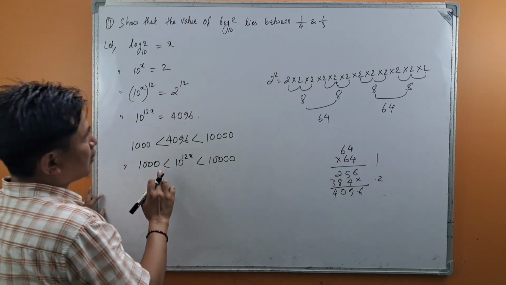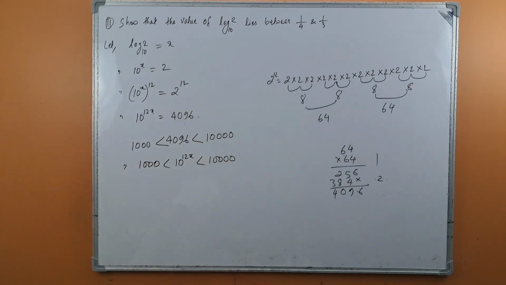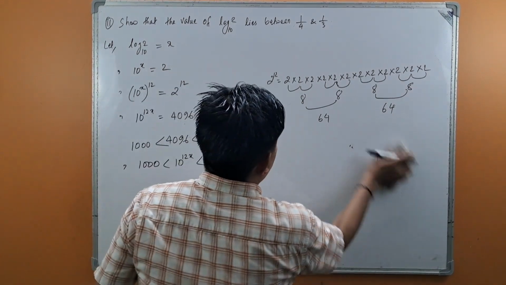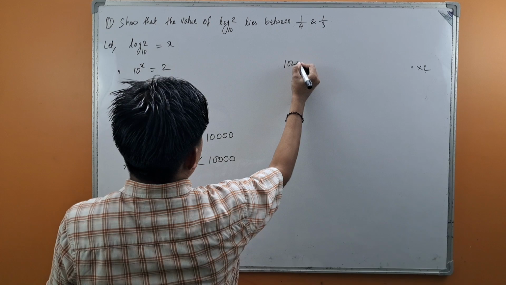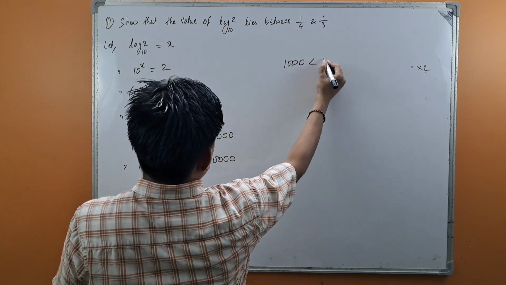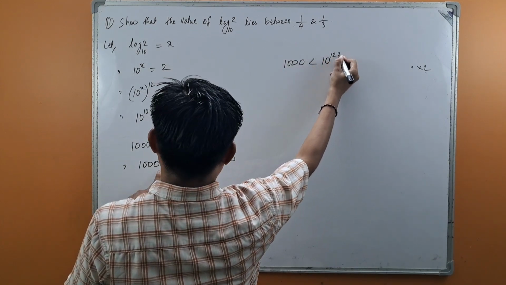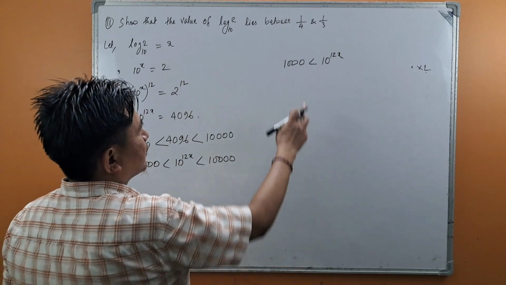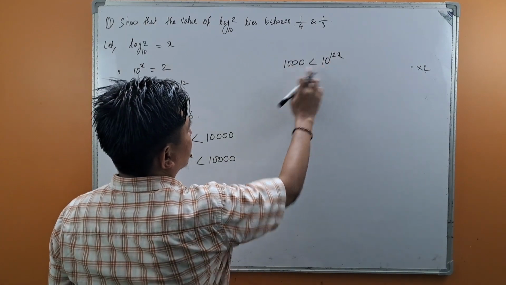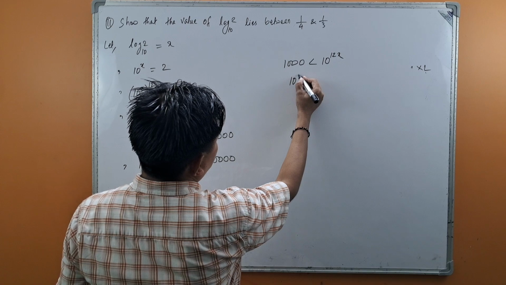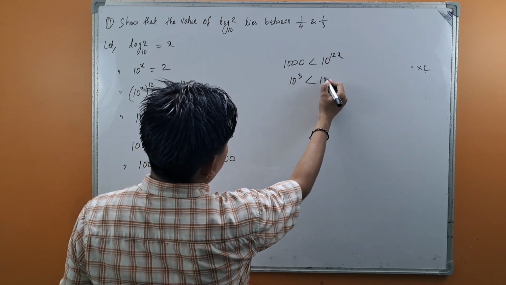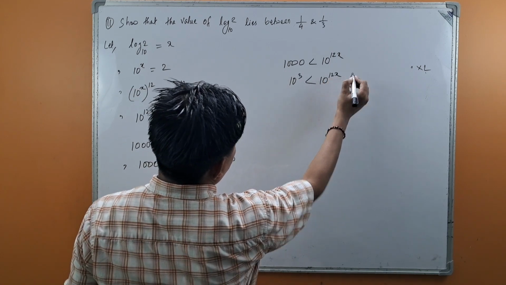So let me solve individually to make it clear. If 10 to the power 12x is greater than 1000, we can write this as 10 cube less than 10 to the power 12x.